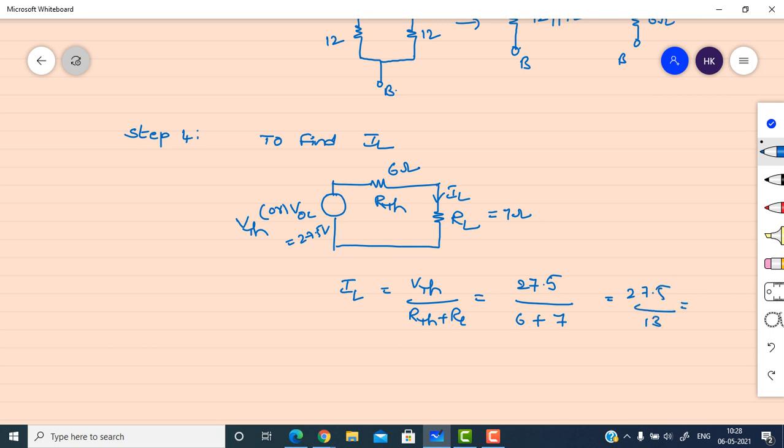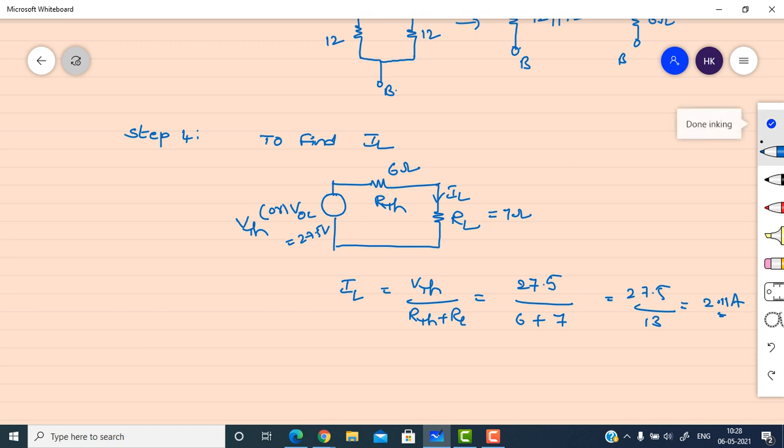What will be the value? 2.11 ampere. So this is the current passing through the 7 ohm resistor.